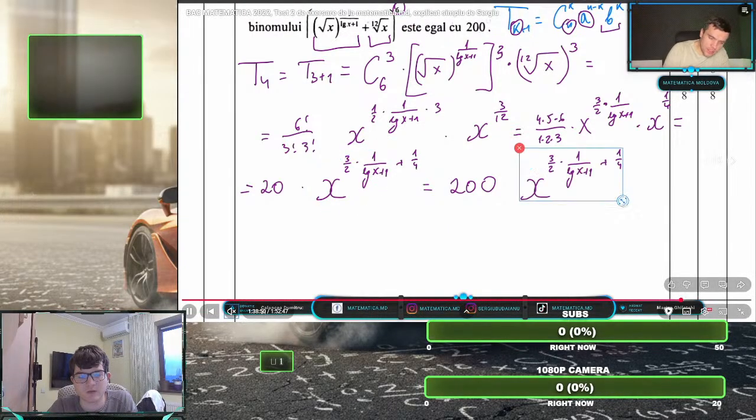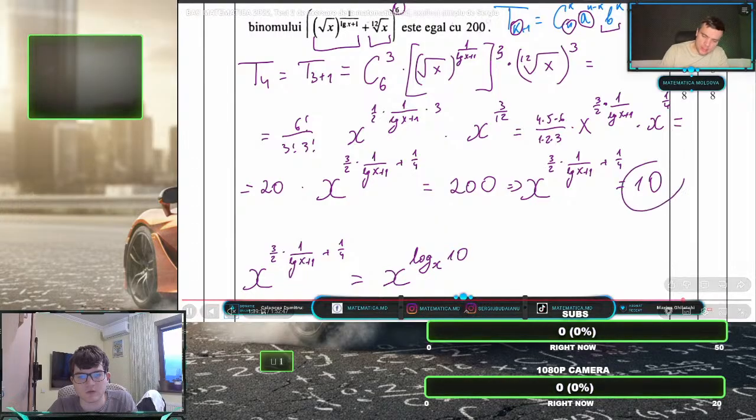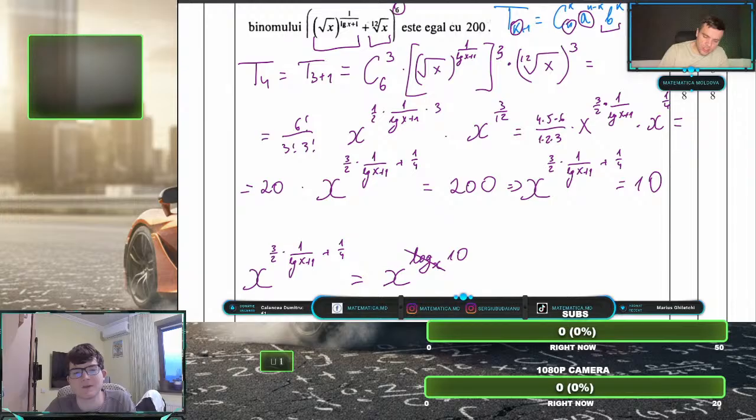So that goes there. That is equal to 10. 200 divided by 20, that's 10. So that's x to the power log x of 10. Bro, what the fuck, log x of 10.